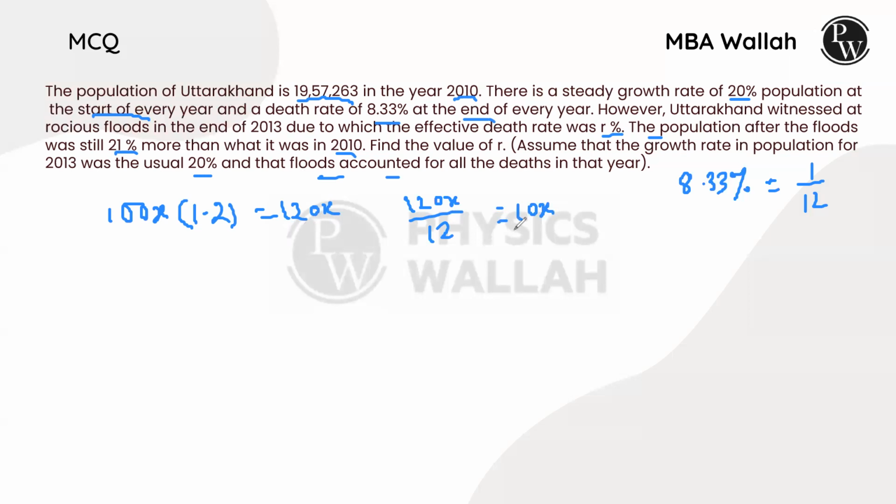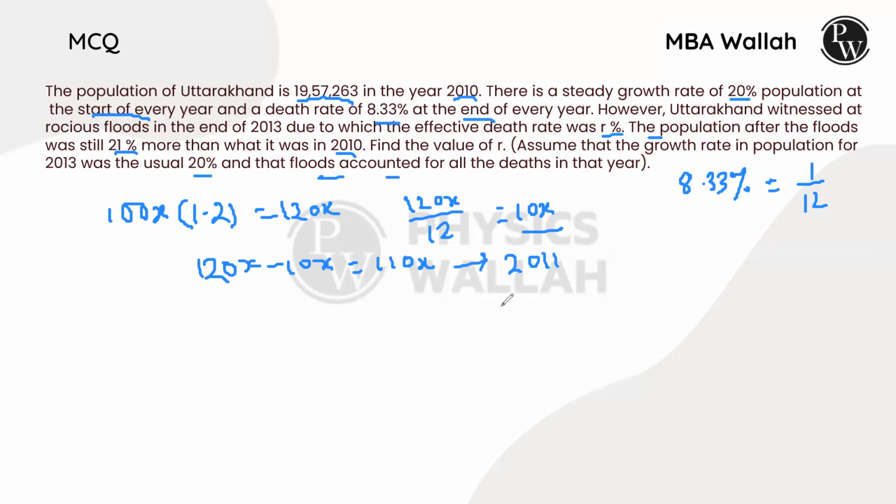Now, after the shrinkage, the population will become how much? 120x minus 10x, that is going to be equal to 110x. So 110x is the population at the start of 2011.